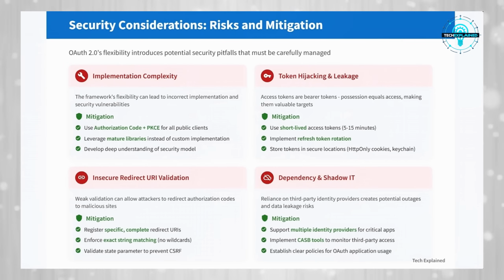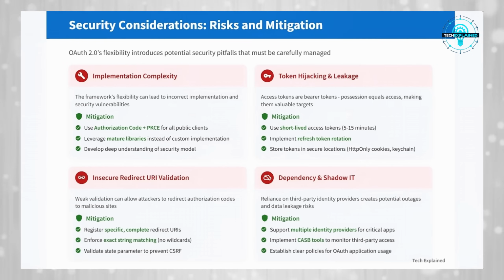A common and critical vulnerability occurs when an authorization server performs weak validation of the redirect URI parameter. If it only matches the domain, an attacker could register a redirect URI like http://example.com/attacker.net, or use an open redirect on the legitimate domain to have the authorization code or token sent to a malicious site.